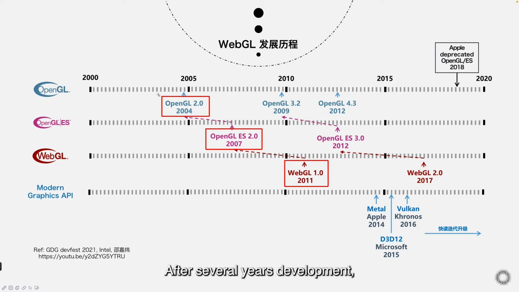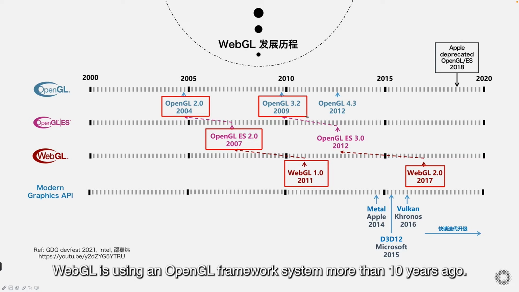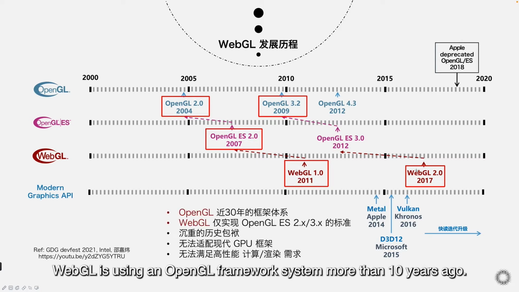After several years of development, although we now have a newer standard, WebGL2, according to this figure, you may easily tell that it is an implementation of OpenGL 3.2 from 2009. As we can also see from this figure, WebGL is using an OpenGL framework system more than 10 years old.